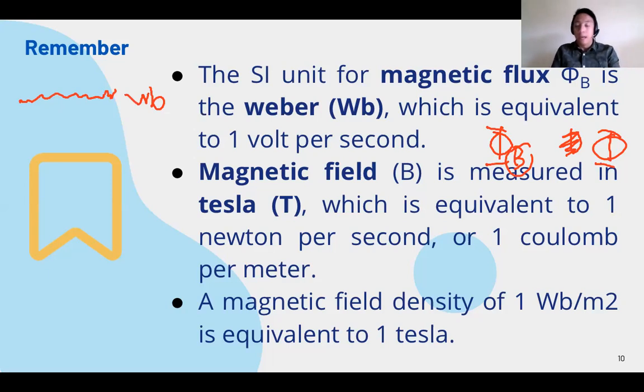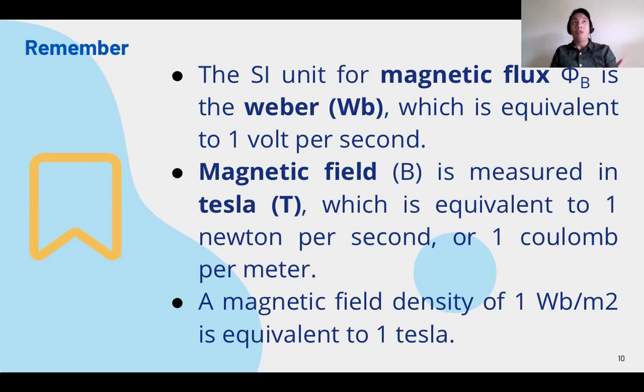Okay? And then magnetic field is measured in Tesla or big letter T. So kung ang tinatanong naman is magnetic field or how much magnetic field is passing through that area, okay, our unit must be big letter T or Tesla, which is equivalent to 1 Newton per second or 1 Coulomb per meter.